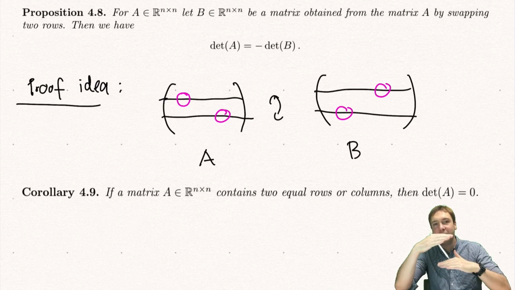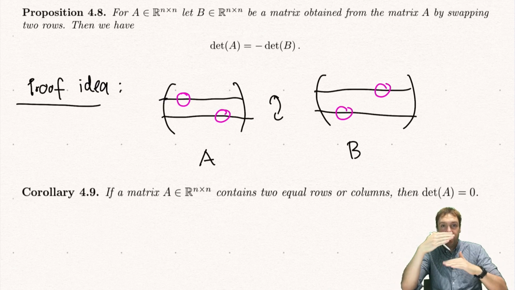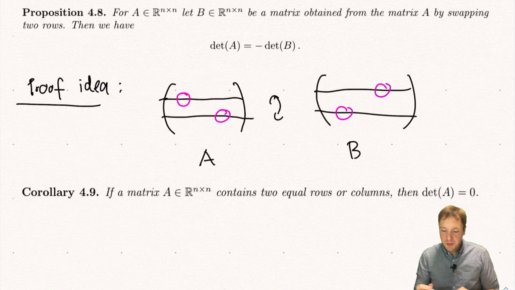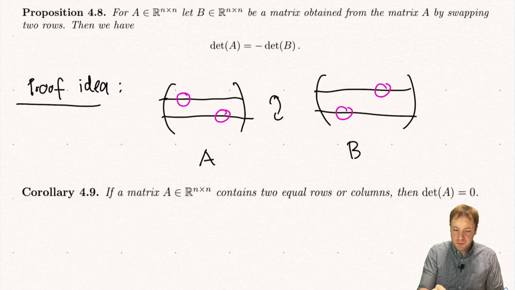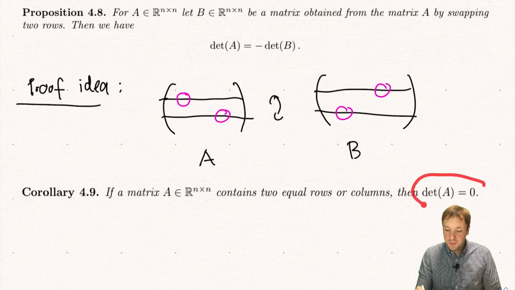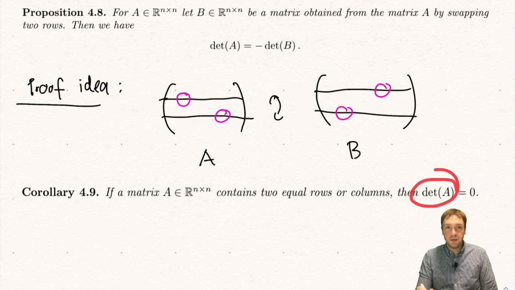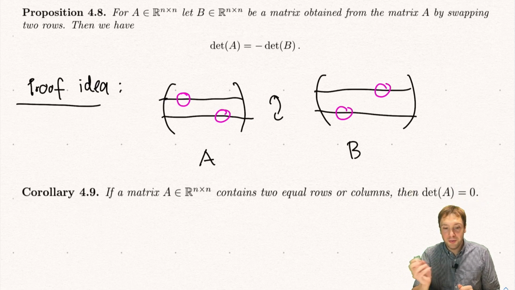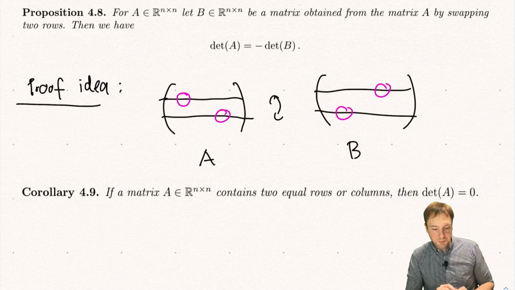If I swap these two rows, then I don't change the matrix because these two rows are the same. But due to this proposition, I change the sign of the determinant, so the only possible choice for the determinant is 0, because just 0 satisfies the property that minus 0 equals 0.